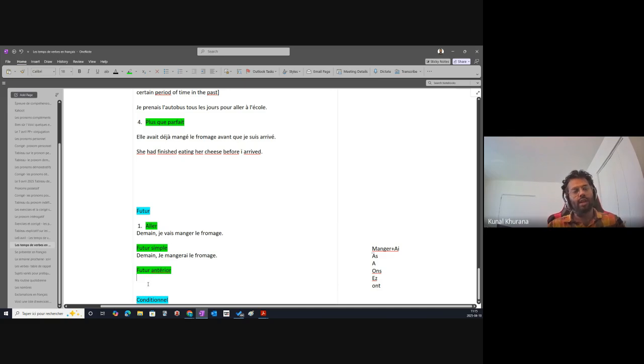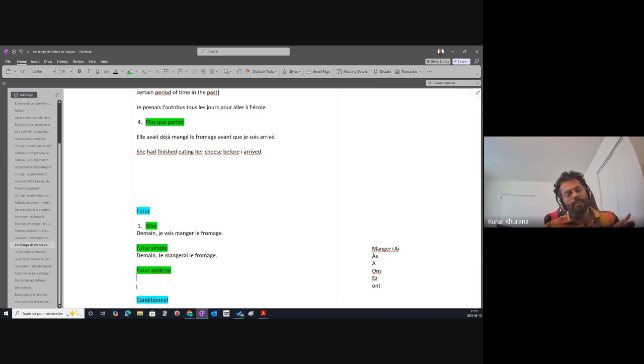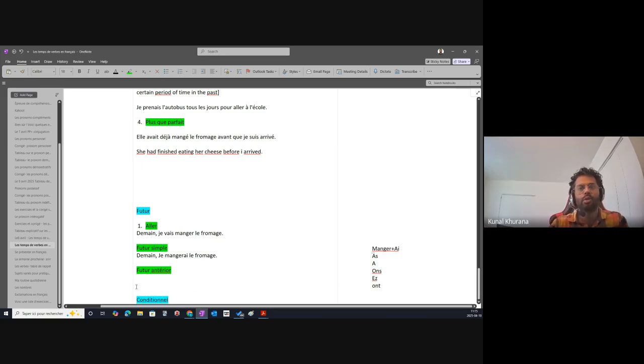Then comes the futur antérieur, the past tense in the future, the passé dans le futur. If I were to say, I will have eaten cheese by tomorrow evening, I will have done this by tomorrow evening, that's the past tense but in the future. So then we use futur antérieur.